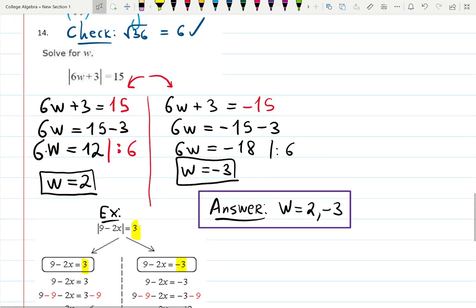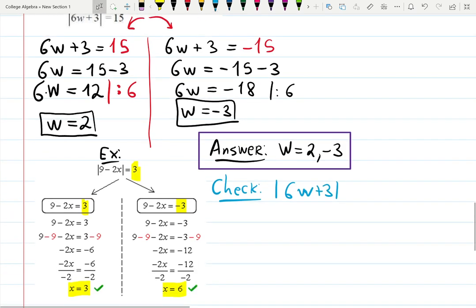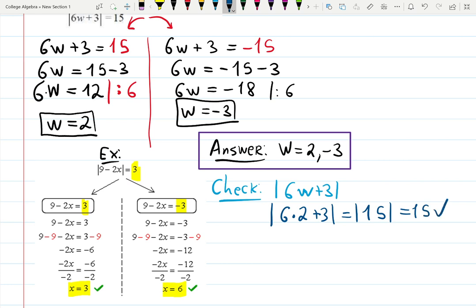After you're done, you can check yourself, and I will do it really fast for you. I will plug into the absolute value of 6w plus 3, right? The answer should be 15. So let's see. If I plug in 2, it will be 6 times 2 plus 3, absolute value of 12 plus 3, that's the absolute value of 15, and that is 15, it matches.